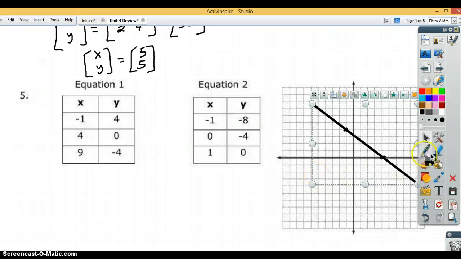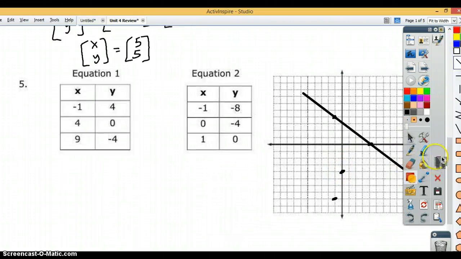Alright, and so then I would plot the other one. So negative 1, negative 8, 1, 2, 3, 4, 5, 6, 7, 8. 0, negative 4, 1, 2, 3, 4. Then I would graph this one.